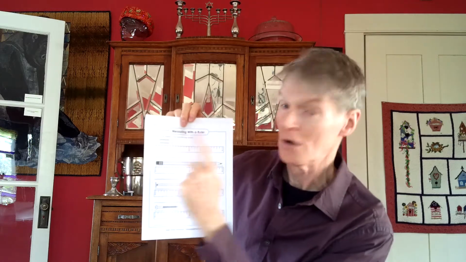Each one is a 1/2. So like this first one, if we take a look, it measures between 1 and 2. So that means it is 1 and 1.5 inches. And then you can write that right there. And if you know how to make fractions, like 1/2, you can write that. If not, it's a 1 with a line and a 2 underneath, but someone can show you that.